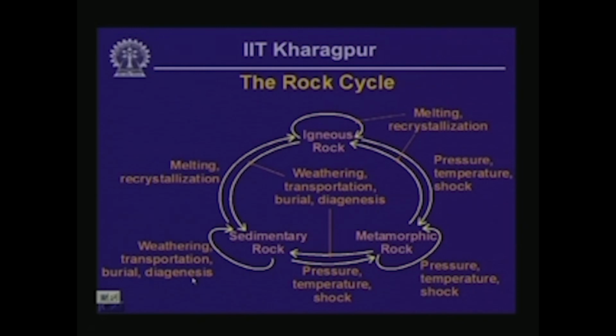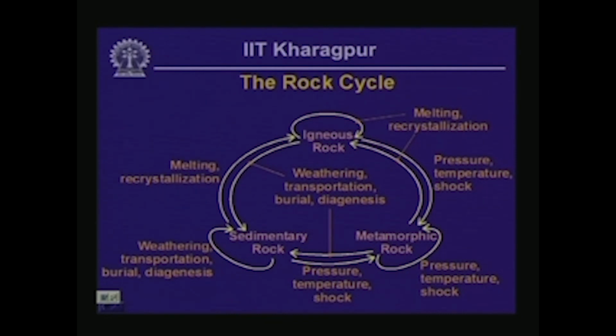This slide shows you the so called rock cycle, and that gives you the interrelationship of different classes of rock, as I mentioned in the previous slide, and this formalizes the concept. So, igneous rock, for instance, upon weathering, transportation, burial and diagenesis could give rise to sedimentary rock, and sedimentary rock upon melting and recrystallization could give rise to igneous rocks.